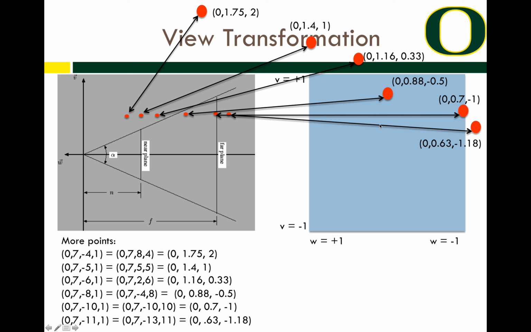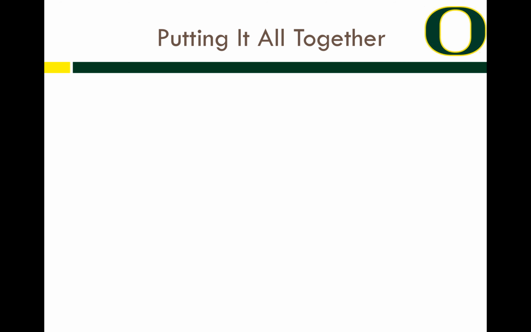So things closer to the near plane take up more resolution in the front. They get mapped to a bigger space. Things packed together here, which I'm drawing small, get a bigger part of the image cube. That's just how the math works. There are actually corrections that people do for that, called W buffering.